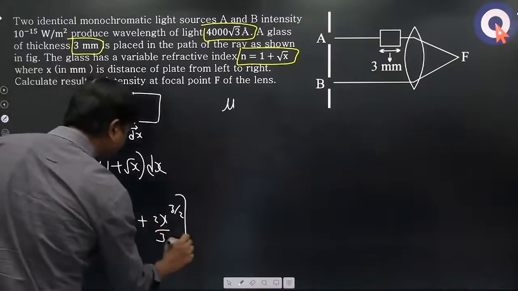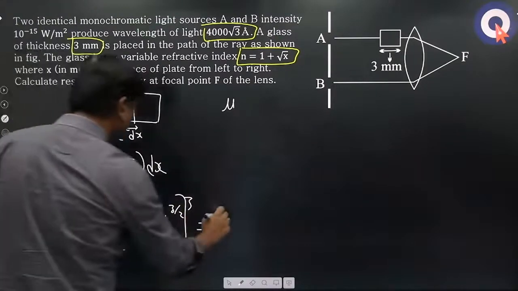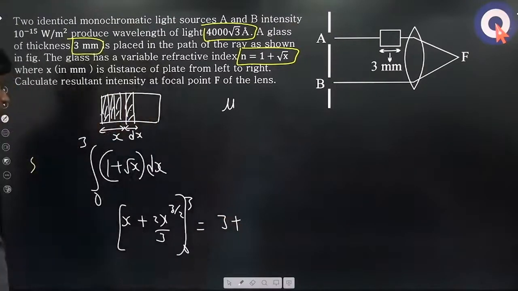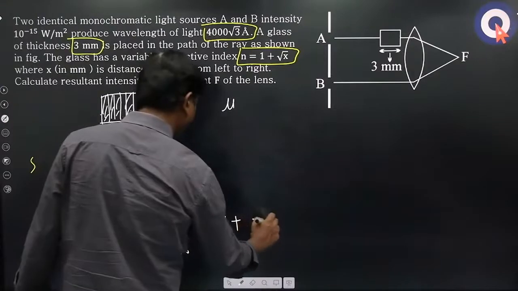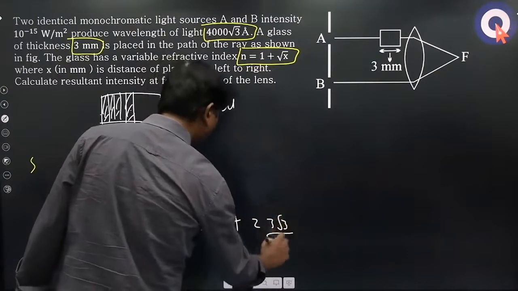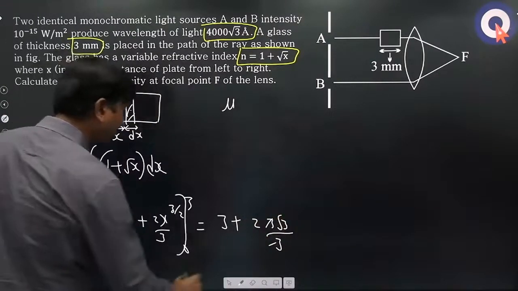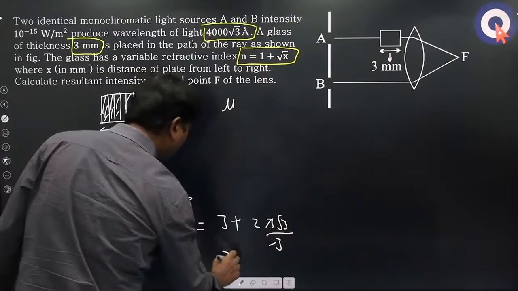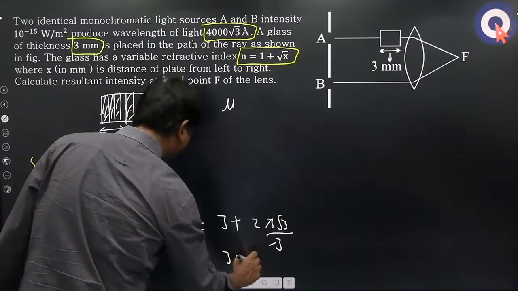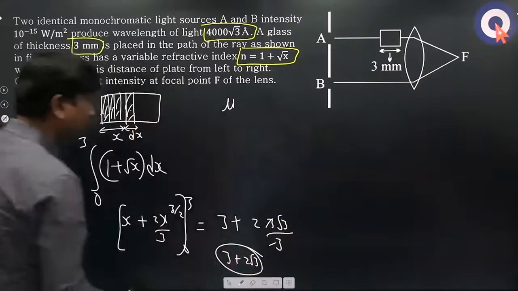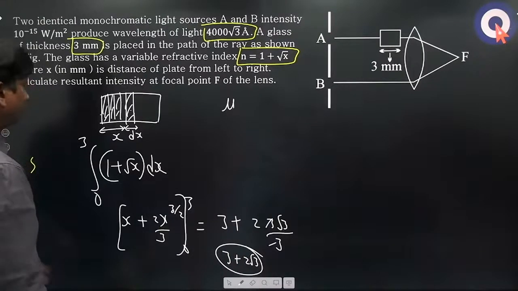Substitute the limits. So 3 plus, how much are you getting? 2 into 3 power 3 by 2, so 3 root 3. So that means 3 plus 2 root 3. Okay. So that is this one.